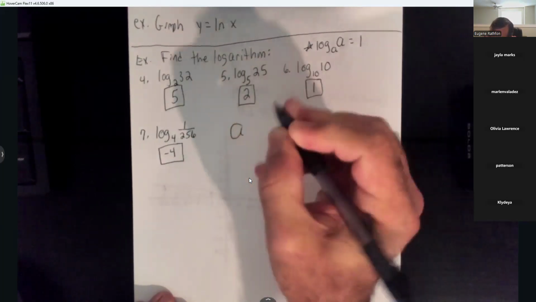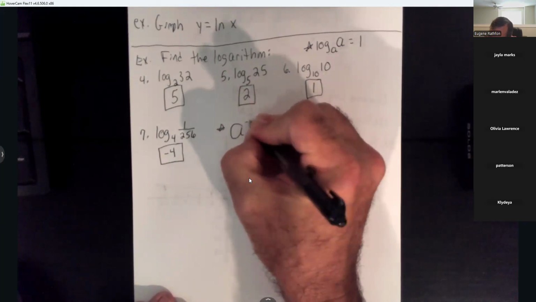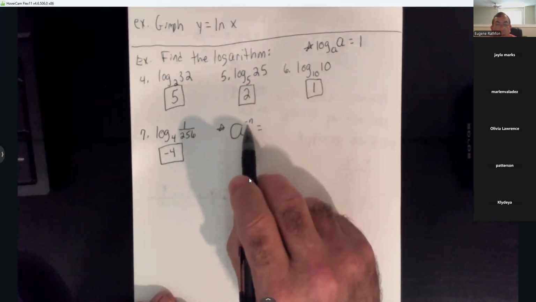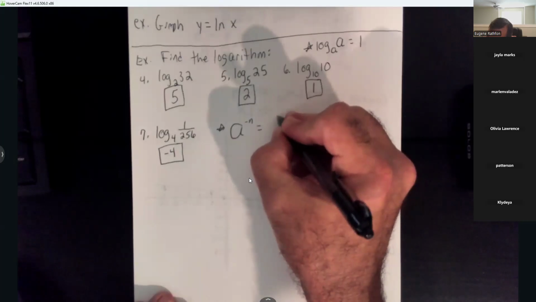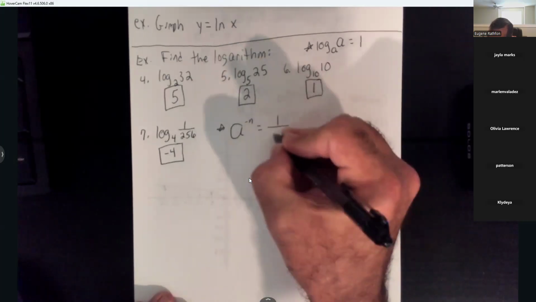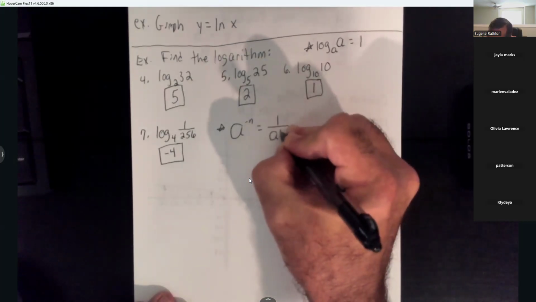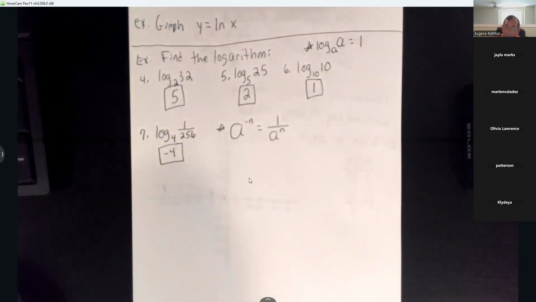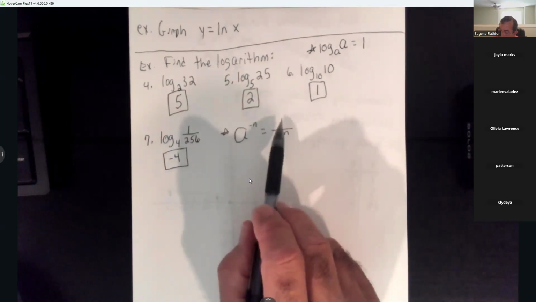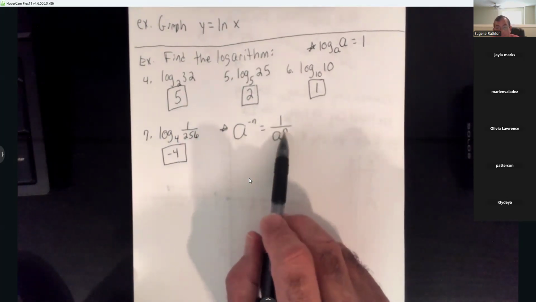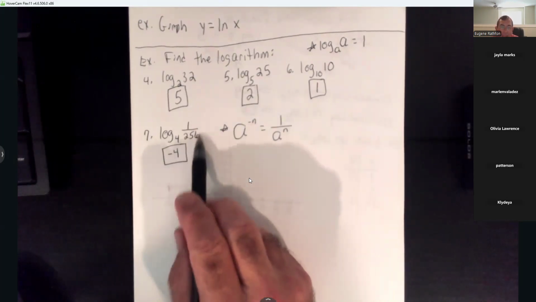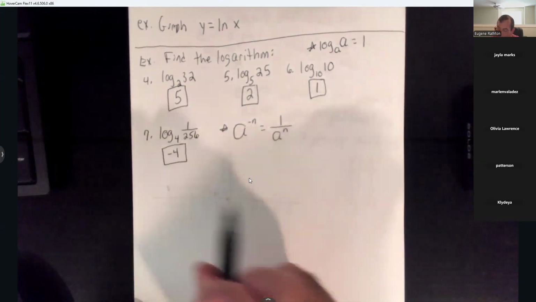Any number to a negative exponent, we don't like negative exponents, so to make an exponent positive, we put everything under 1 and change the exponent to a positive. Okay, so if that was negative 4, that would be like 1 over a to the 4th, and so on. So that's how they're getting these fractions with these negative exponents.